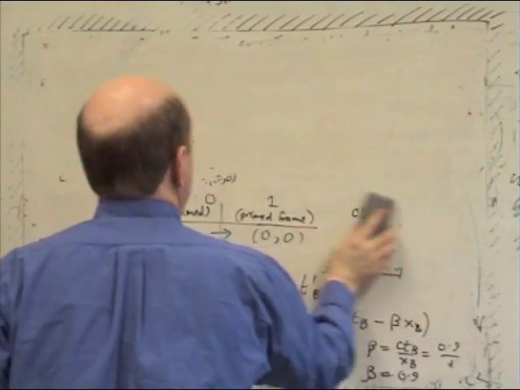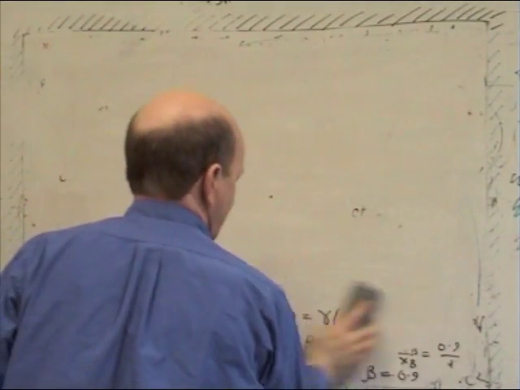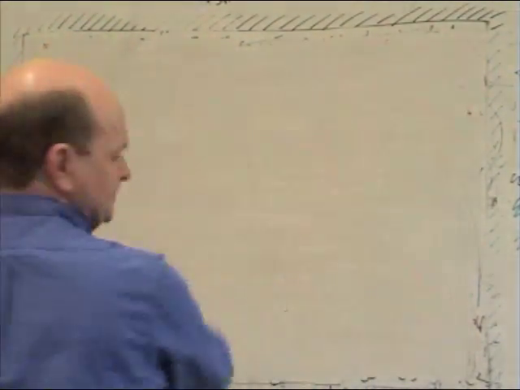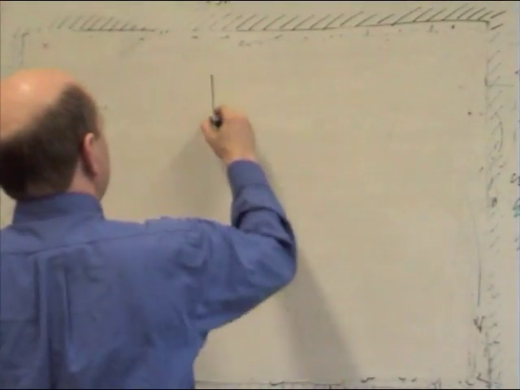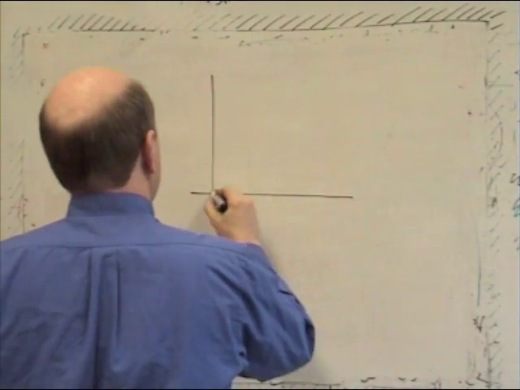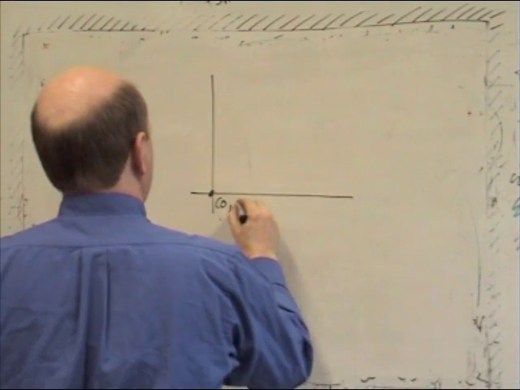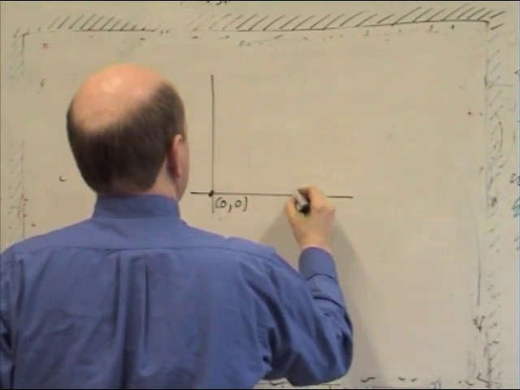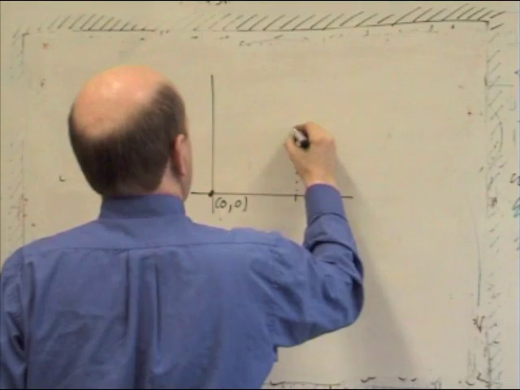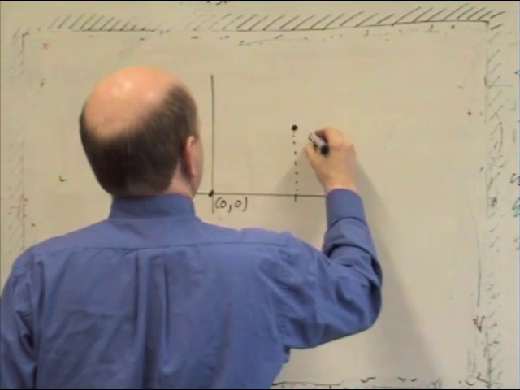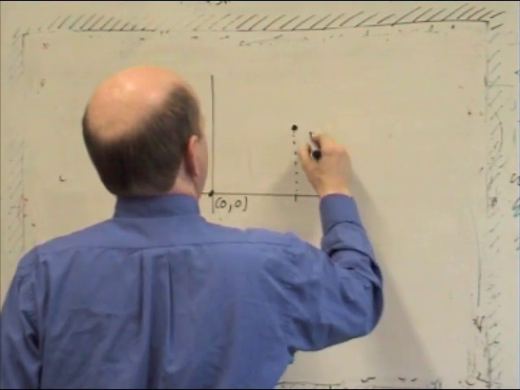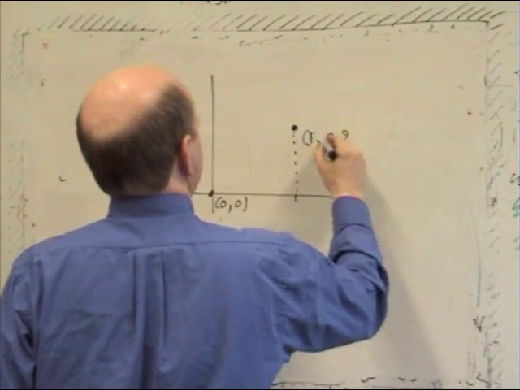So, some redrawing is required. We have, in the unprimed frame, an event at 0, 0, and another event at 1, 0.9.